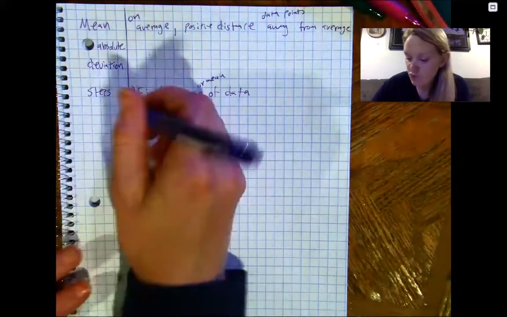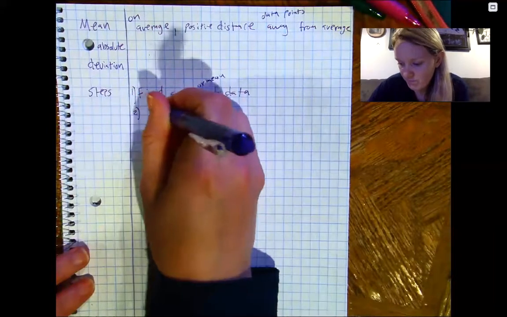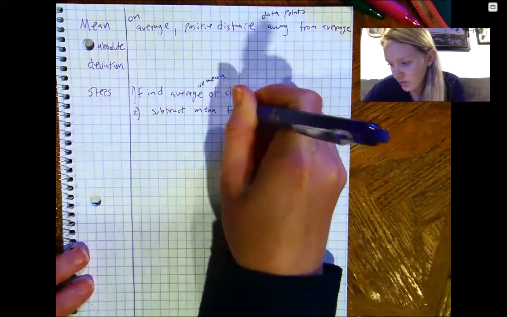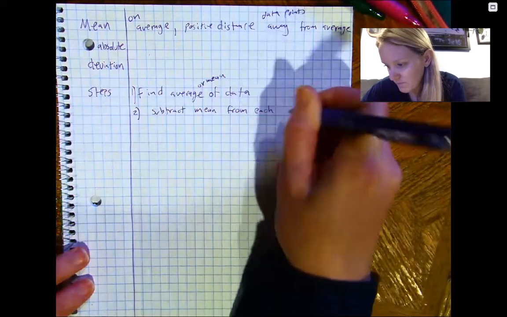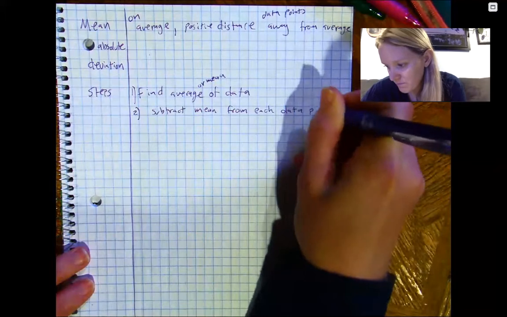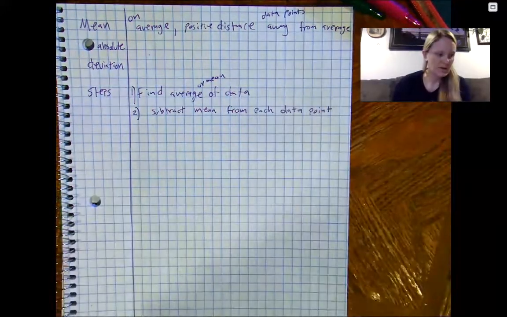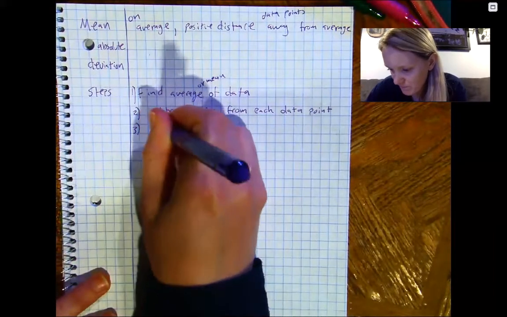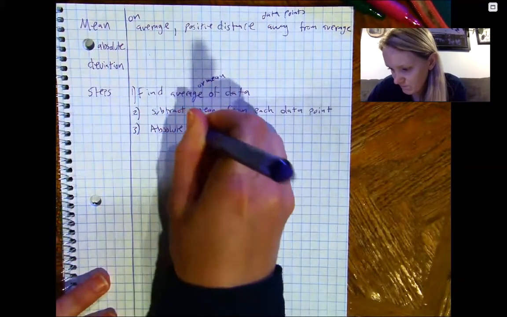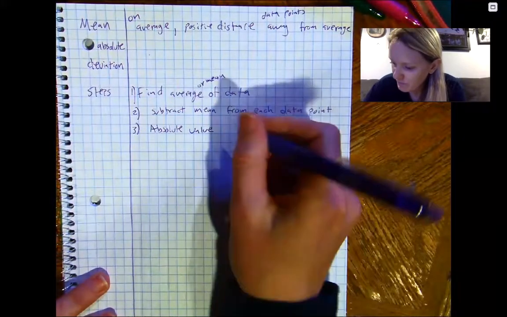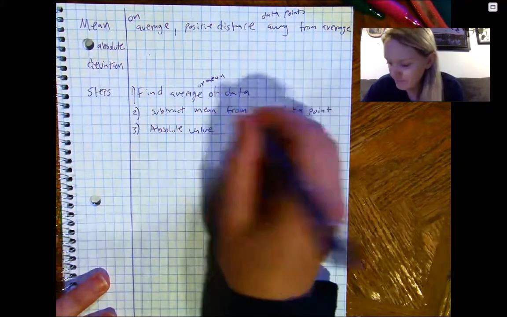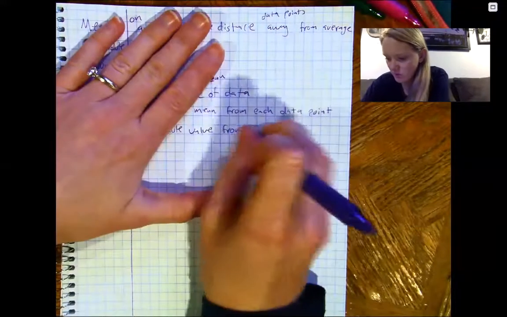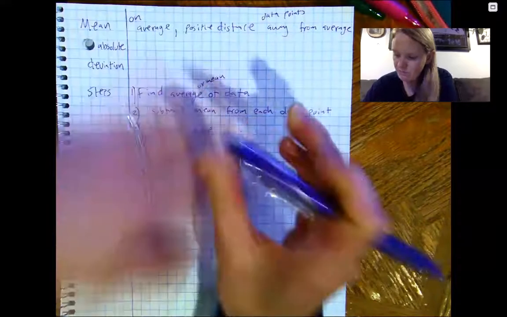Step 2 is subtract the mean from each data point. Step 3 is to find the absolute value of the numbers from step 2.